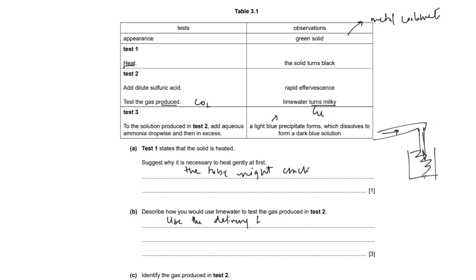Okay, so this is a 3-mark question. 1 mark is for using the delivery tube to pass the gas through lime water.